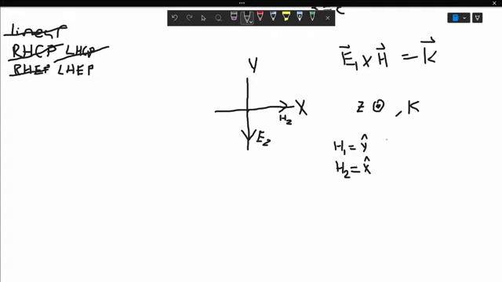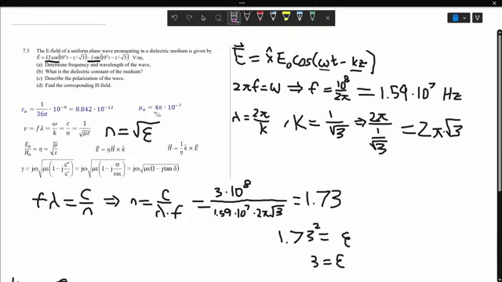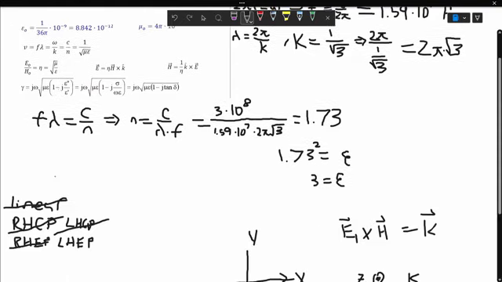So now we know the directions of our H field, but we still do not know the magnitude. So we need to solve for the magnitude. If we look back up here in the formula sheet, we have the formula here, E naught over H naught equals eta. We can use this to solve for H naught.